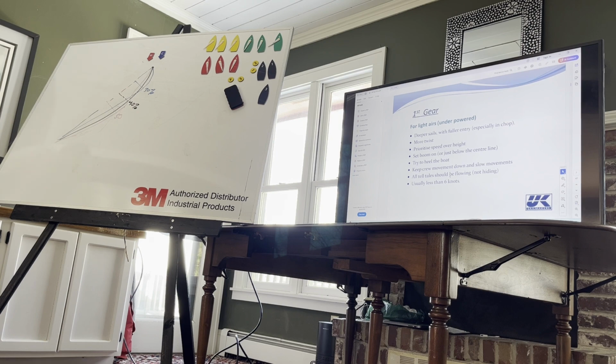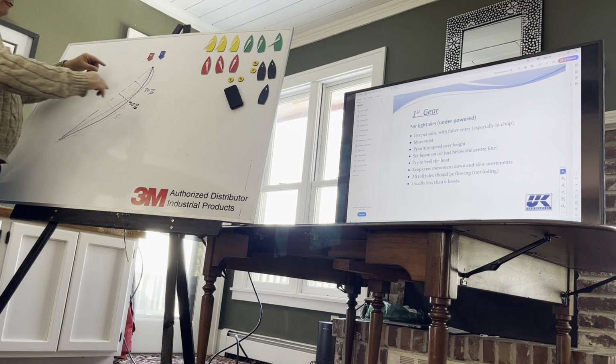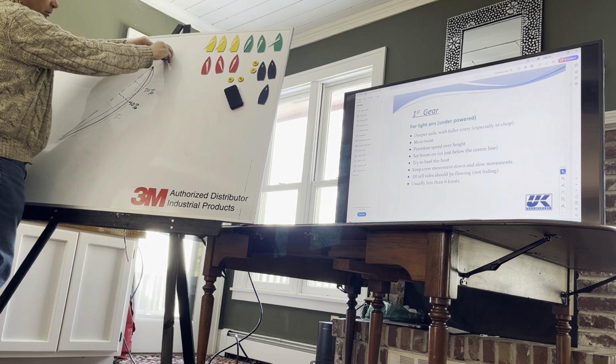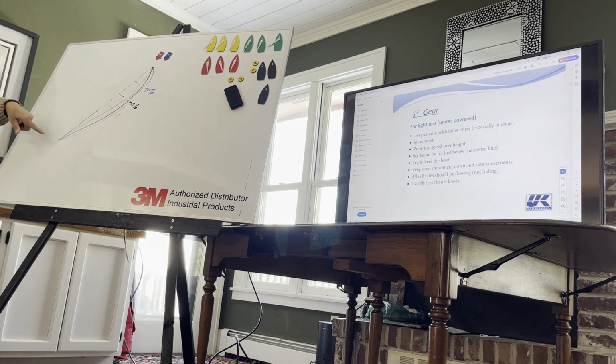If we're having problems with pointing, which we don't ever get to do in the Yngling, just saying, if we have a flatter sail, so now we're at the red one, the draft goes aft. We have this little thing in the boat called a keel.